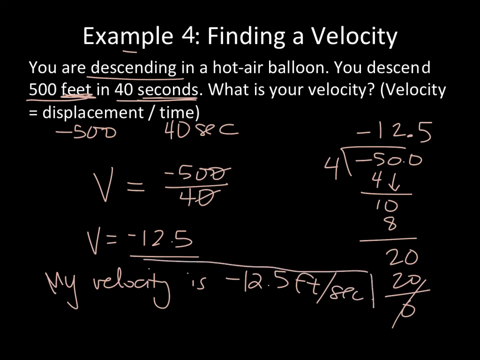And that is the final answer. So when you're given problems like these in Algebra 1, it's really just to prepare you for later on, because this is actually something that you would do in physics or calculus. So we're getting us ready, and we're seeing the connection between what we're learning now and what we'll be dealing with later on.